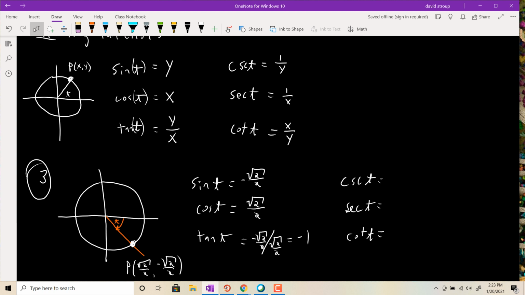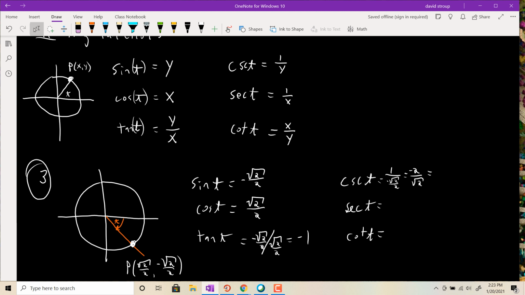And then these other guys are just the reciprocals, right? So this would be 1 all over negative root 2 over 2, which is the same as 2 over negative 2 over root 2.